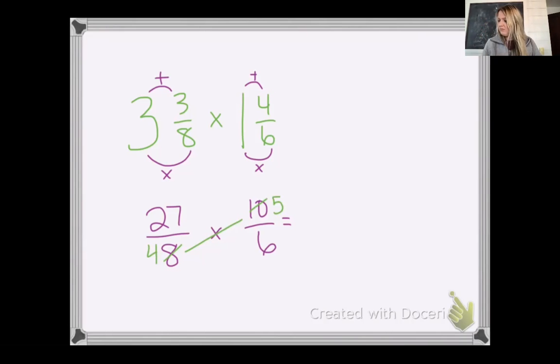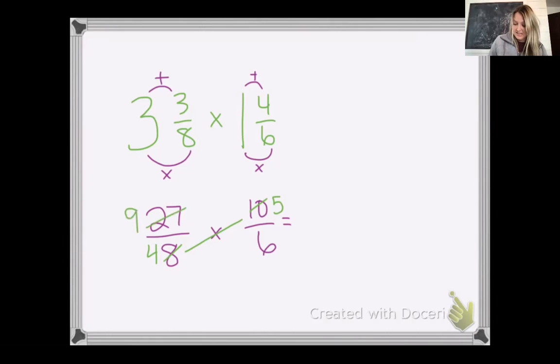Oh, did you guys know? 27 is divisible by 3 and 6 is divisible by 3. Did you guys know that? Yeah, divisibility rules, right? So if I take 27 divided by 3, I get 9.